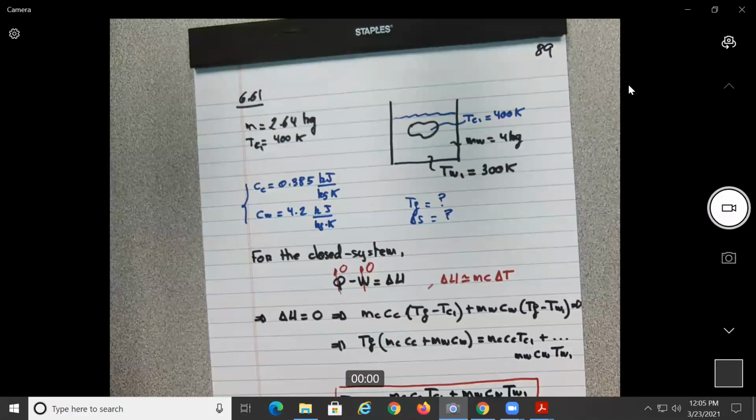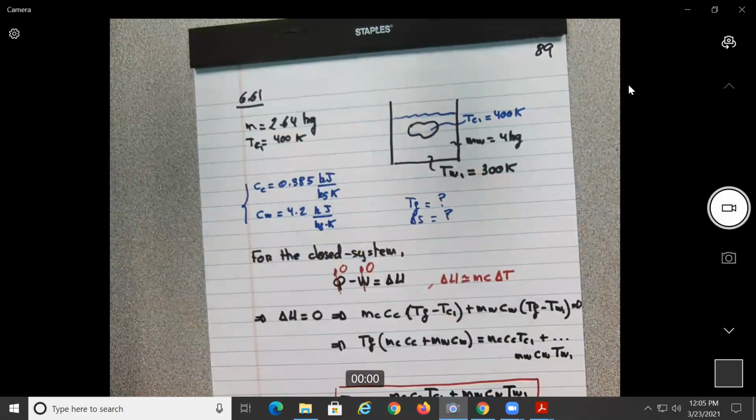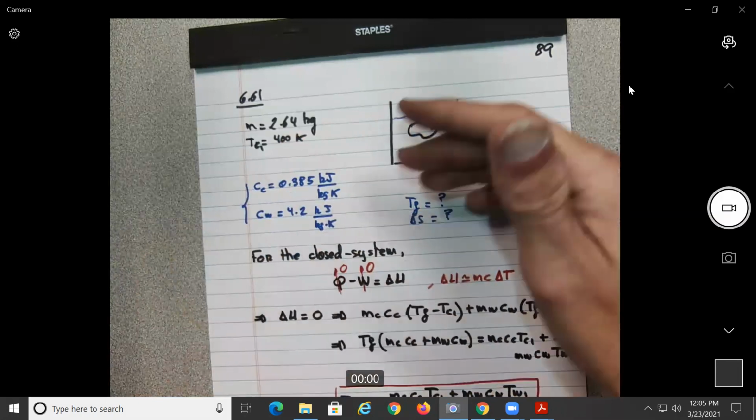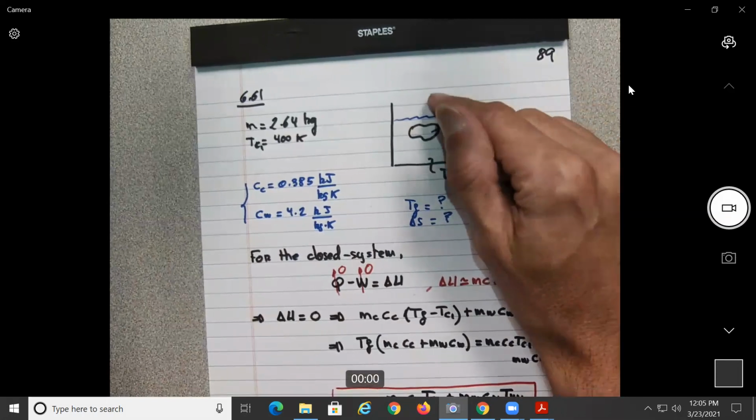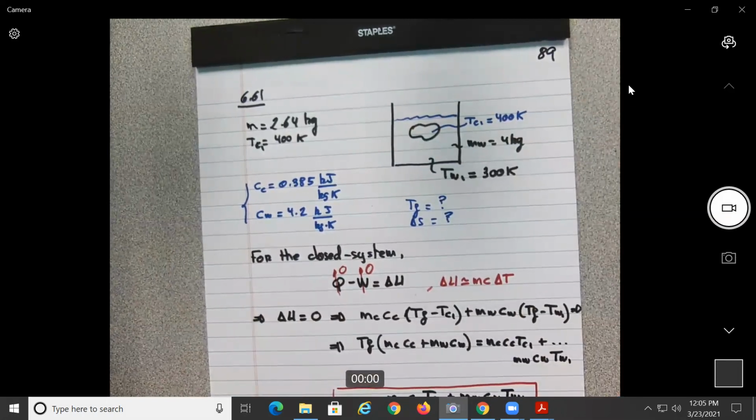Can you get back the copper at 400 Kelvin without doing anything? No. So that means that putting the copper into the water is a one-direction process. So this should be non-reversible or irreversible, correct? So that implies that the change of entropy should be different than zero.